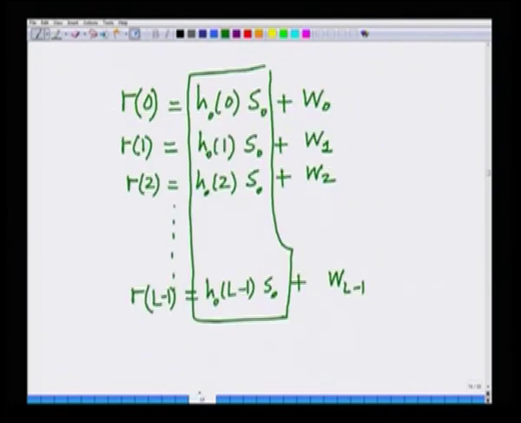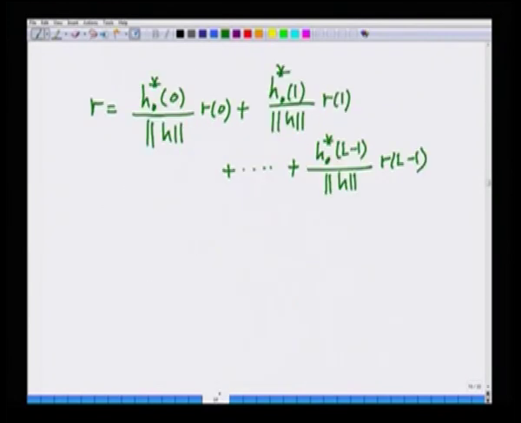Remember, this is similar to the rake receiver. The signal is h 0 0 into s 0, so I am multiplying this by h 0 0 conjugate divided by norm h. This one is h 0 1 into s 0, so I am multiplying this by h 0 1 conjugate divided by norm of h, multiplying by conjugates, adding them up across all branches of the rake receiver, and this is nothing but coherent combining across the branches.